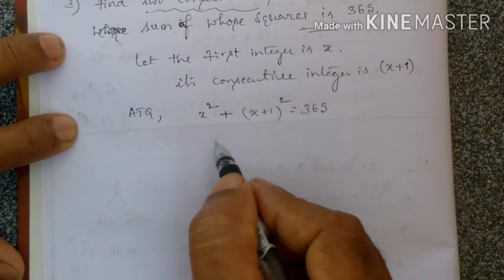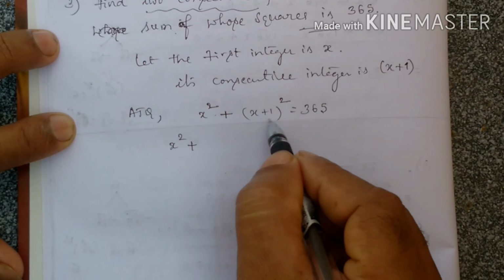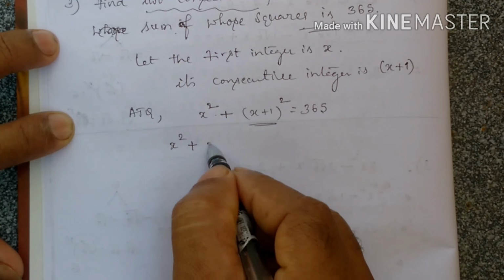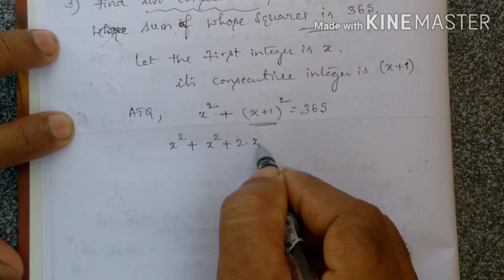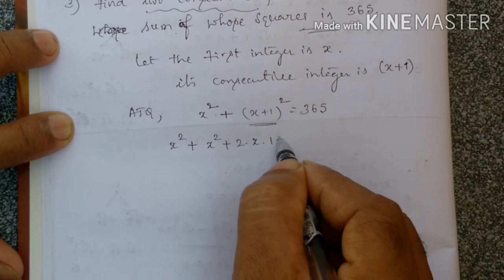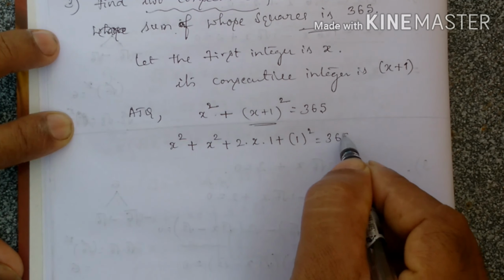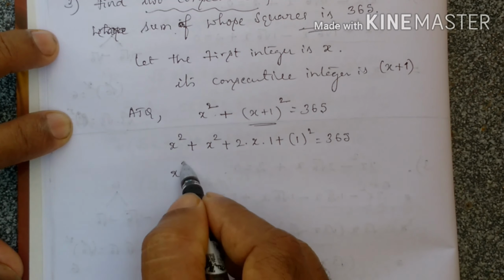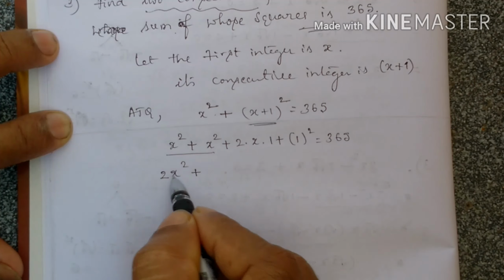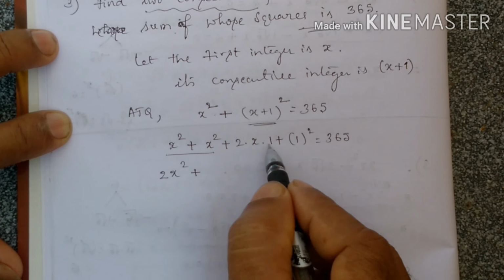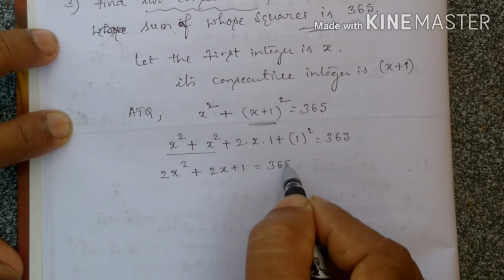Now x square, write as it is. This one you should expand with the a plus b whole square formula, don't forget. So a square plus 2ab plus b square, that is equal to 365. x square plus x square, that is 2x square, plus 2x plus 1 is equal to 365.